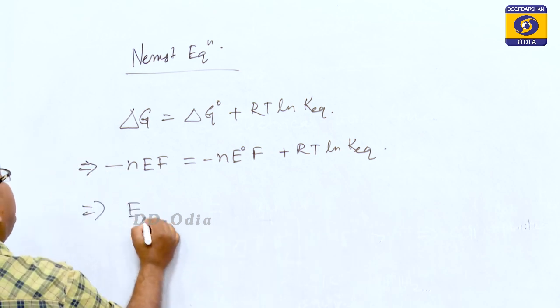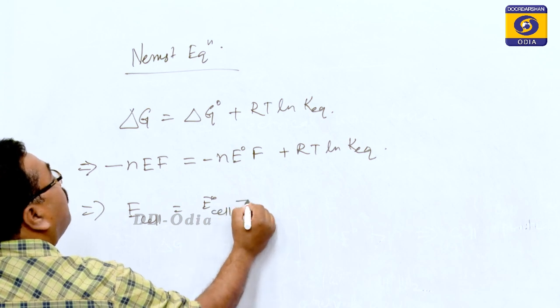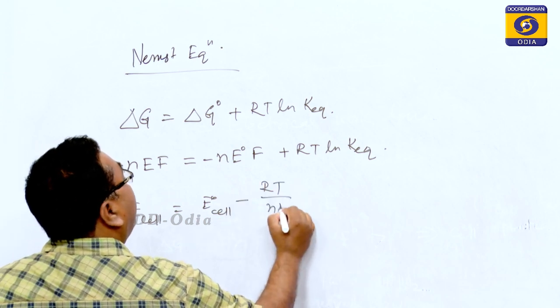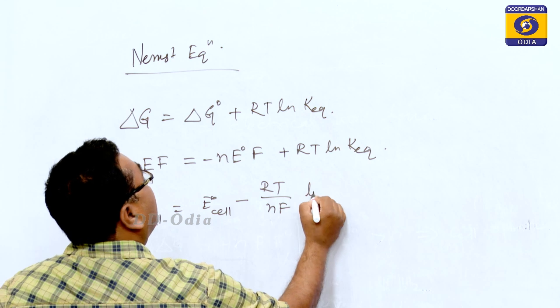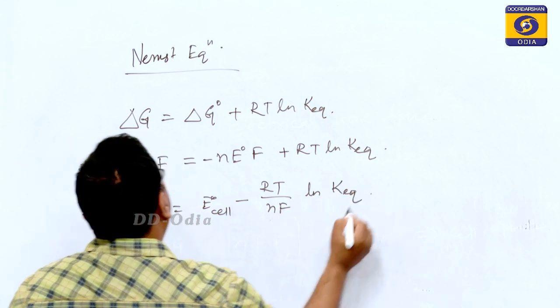This implies E cell is equal to E0 cell minus RT by nF ln K equilibrium.